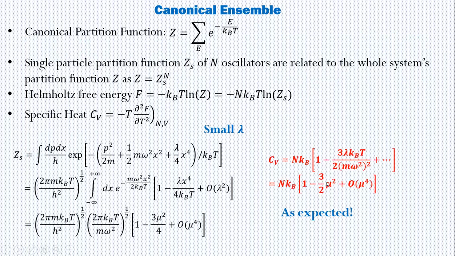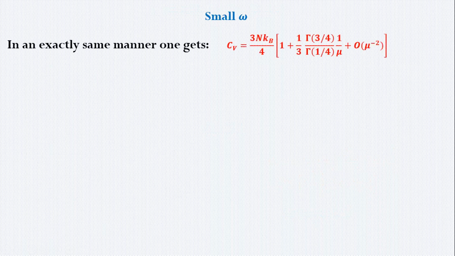So the answer, as expected, is in terms of mu, which is a small value for small lambda. Next is the small omega case, and in exactly the same manner we get this answer: 3 by 4 nkB, as you can see, is the leading term, and the correction is in terms of 1 by mu. So everything is all right.